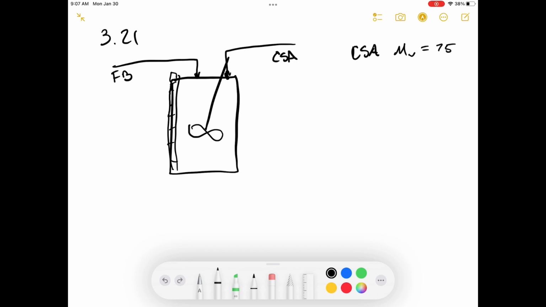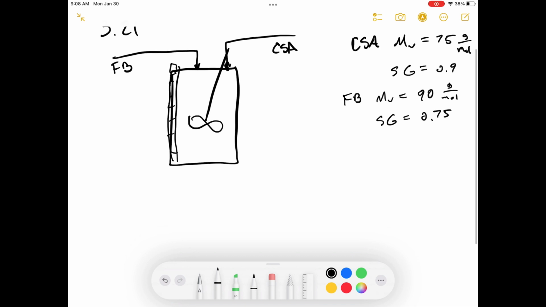I'll just do grams per mole. And then we know that CSA specific gravity equals 0.9. FB molecular weight equals 90, and specific gravity equals 0.75.